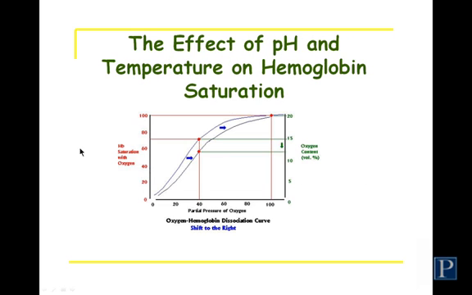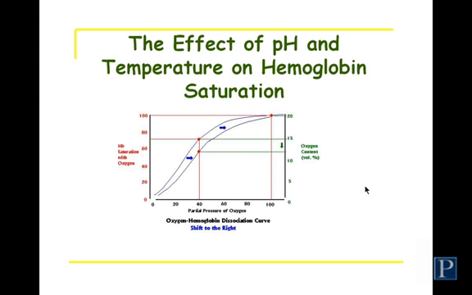These things cause a shift in the curve to the right, which means it's able to deliver more oxygen to the tissues. For a given partial pressure of oxygen, the hemoglobin molecule is less saturated. The affinity for oxygen has been decreased.